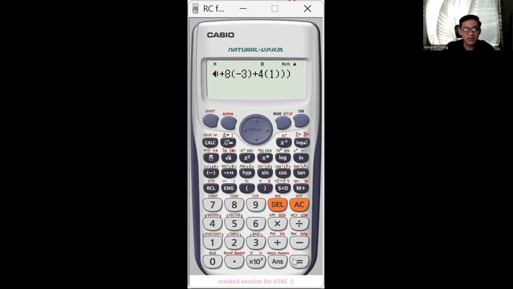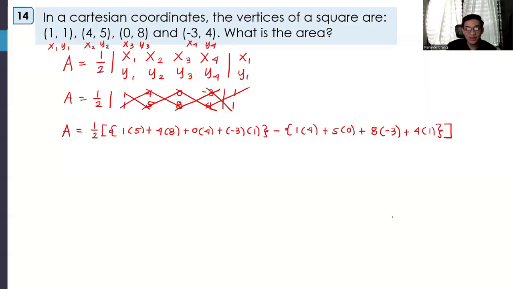So therefore, the area for this square is equivalent to 25. Sulat natin, that is equivalent to 25 square units.